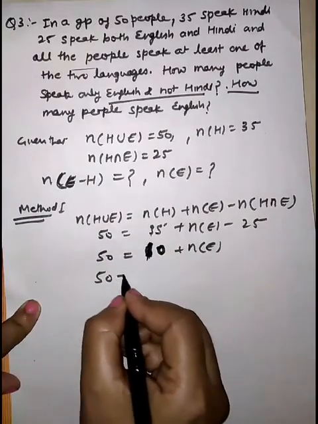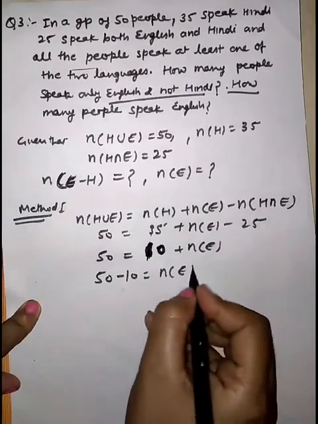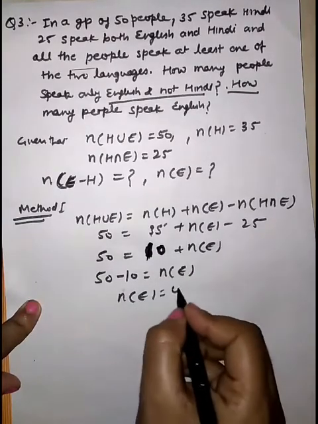So 50 minus 10 equals n(E). So n(E) equals 40.